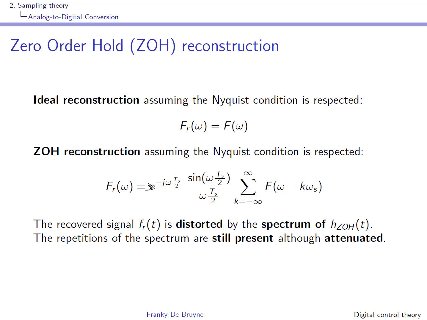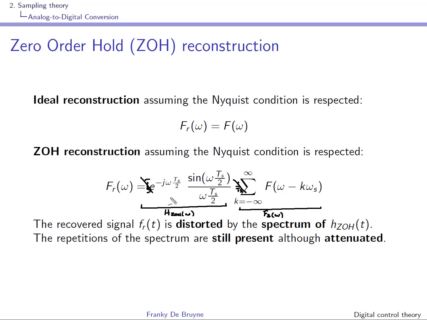If you multiply this one by Ts, what you obtain over here is the Fourier transform of the impulse response of the ZOH reconstruction filter. And if you multiply this one by 1 over Ts, what you have over here is the Fourier transform of the sampled signal, and of course these two will cancel out.